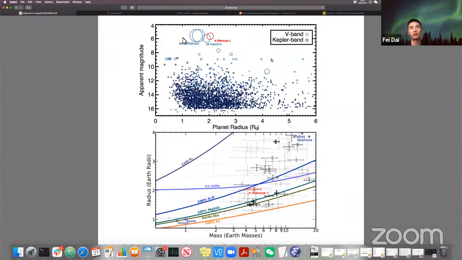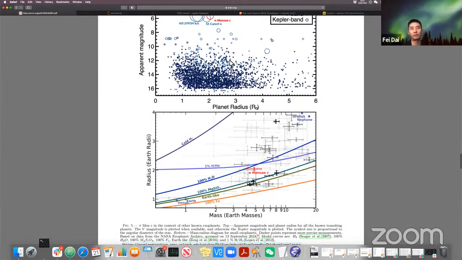So in short, these few planets in the upper left corner are the most favorable planets for transmission spectroscopy studies, especially with the upcoming JWST spacecraft. And Panmasis C, which is the inner planet, is actually maybe in the top 5 planets discovered so far. So a lot of time would be dedicated to studying this planet.